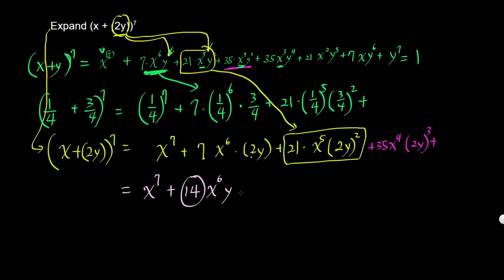You do the same thing here. Plus, now you raise 2y to the 2nd power, so this portion becomes 4y squared. Then that 4 can be multiplied by 21. It becomes 84, and then x to the 5th, y squared. You understand? And then this portion becomes 8y cubed, so 8 gets multiplied by 35.